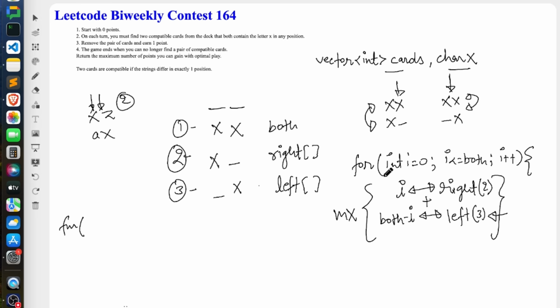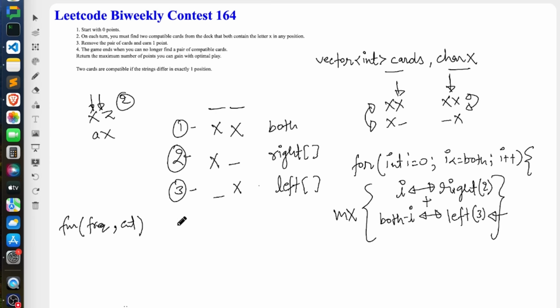First is this frequency array, which could be either left or right, and the next argument is the count of type 1 cards. So now we have to find the compatible pairs.